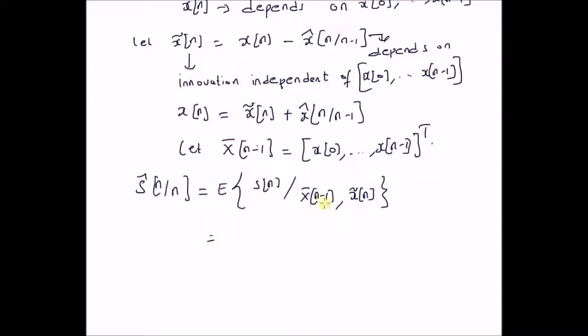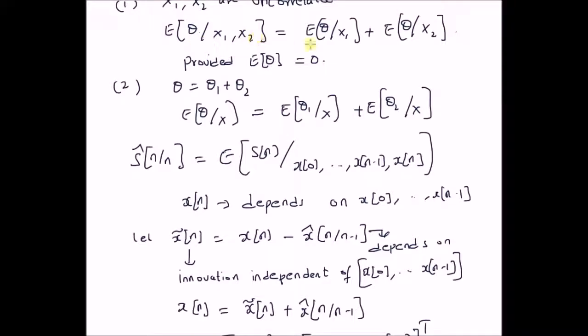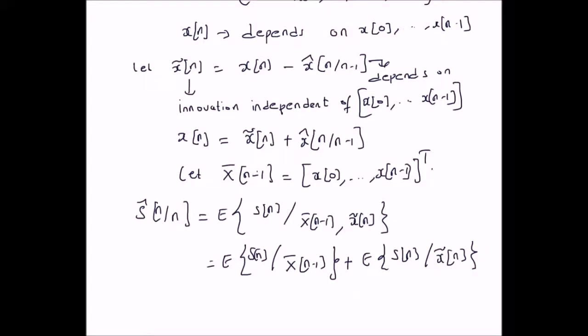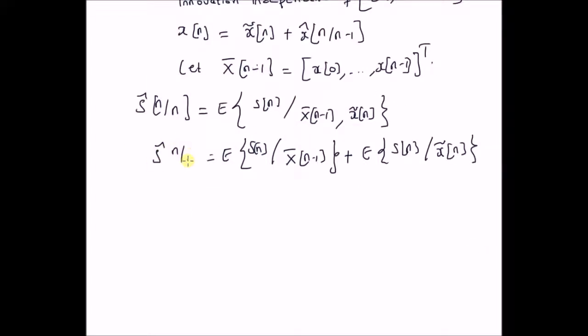Now, since x tilde of n is independent of x bar of n minus 1, we can apply lemma 1. That is, the expectation can be written as the sum of the two individual expectations. So we have expectation of s of n given x bar of n minus 1, plus expectation of s of n given the innovation in the most recent observation x tilde of n.